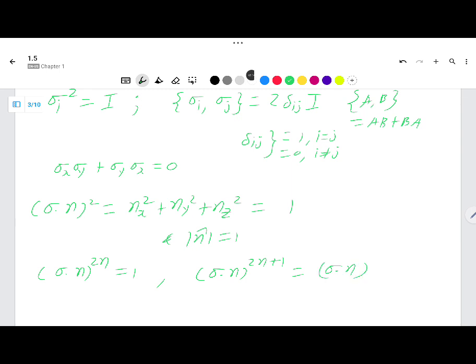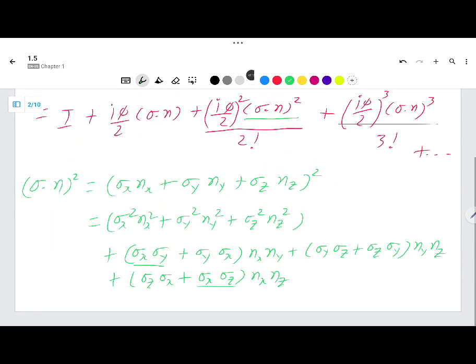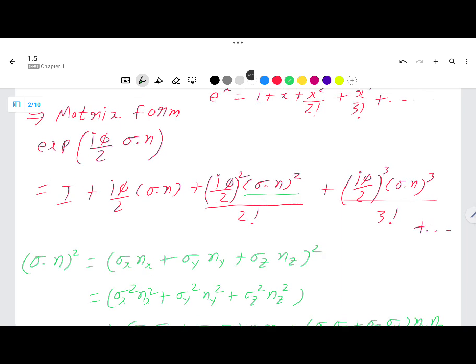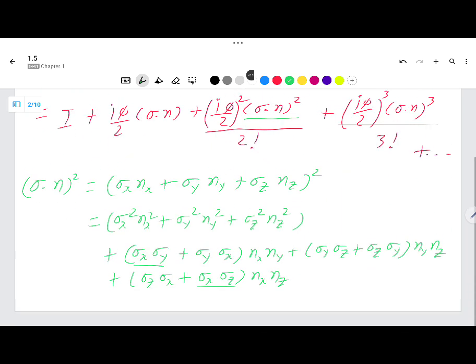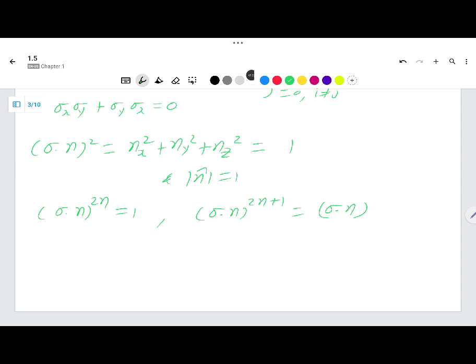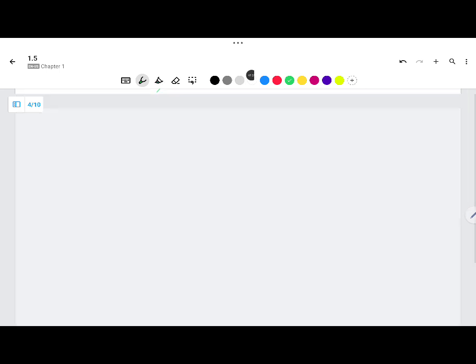Alright, okay. So we can rewrite this exponential here and write it again.